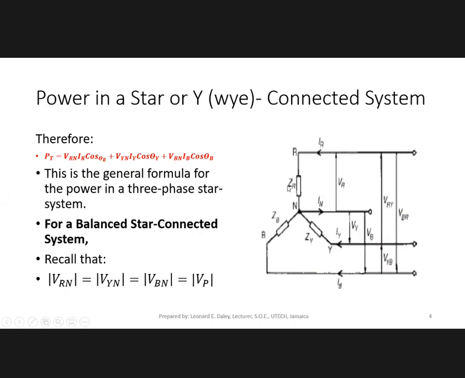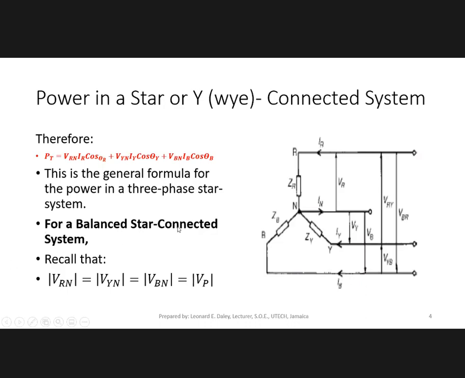So VRN IR cos theta R plus VYN IY cos theta Y plus VBN IB cos theta B. All right, so that is the general formula for power in a three-phase system. But when we get to a balanced system now, we can actually simplify this so that it looks a little bit neater.